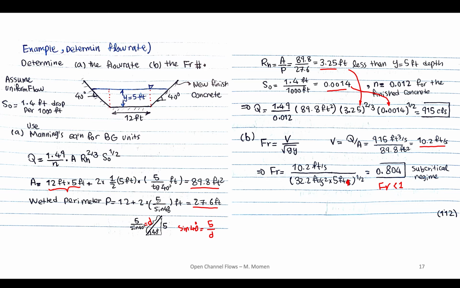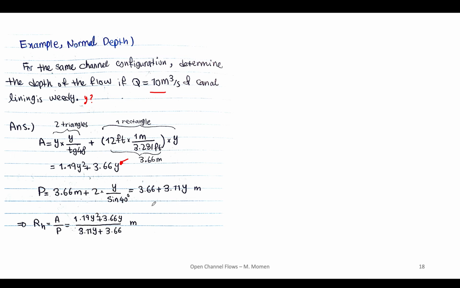Right, so this is coming from here, y over sine 40 from here. And this is going to give me 3.66 plus 3.11 y meter.